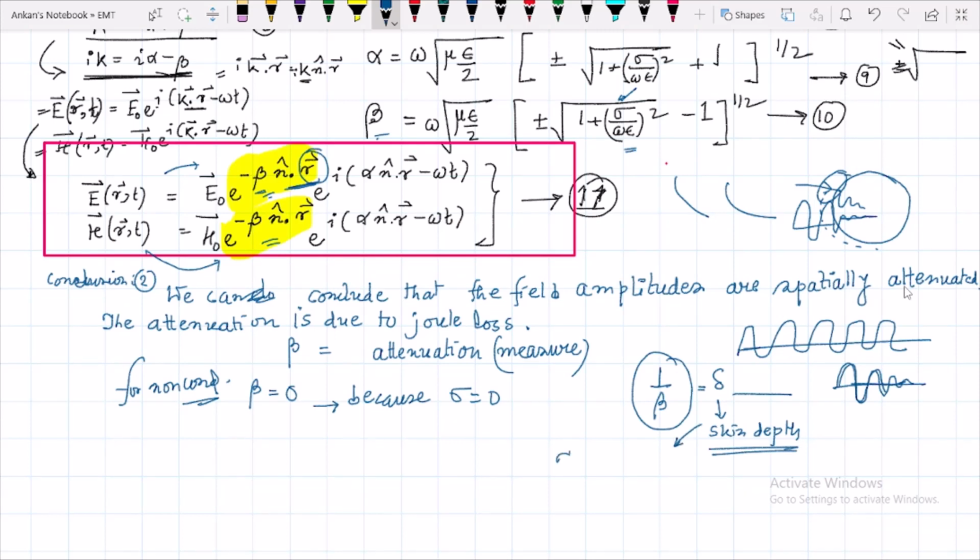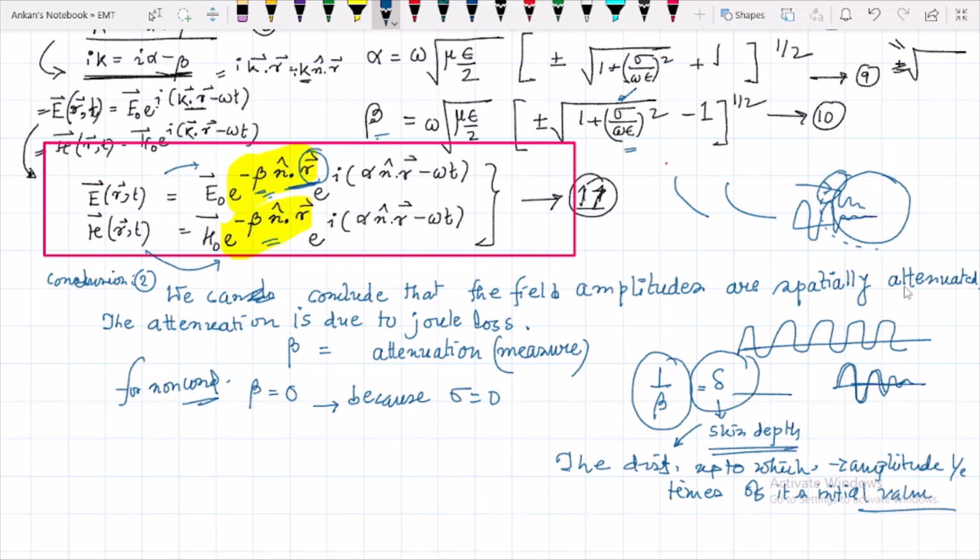Skin depth means the distance up to which the electric field or magnetic field amplitude becomes 1 by e times its initial value. Skin depth gives the distance up to which the electromagnetic wave can flow inside the conducting medium.